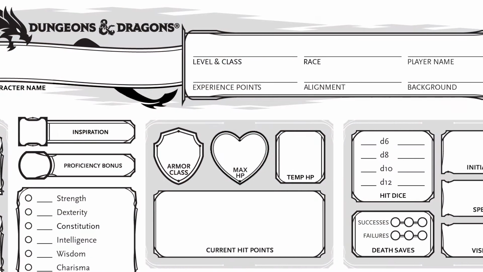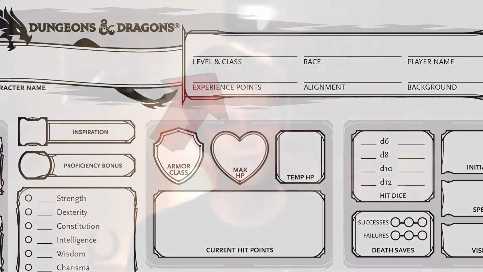Next, we have level and class. Now, this goes into the nitpicking of the D&D system, but essentially, level is a pretty simple concept to understand. Most tabletop RPGs have a level up system, where as you progress up the levels, you get more and more powerful as a character. And then class, it's just kind of your skill set, which is a pre-made set of skills revolved around an occupation or just a job.